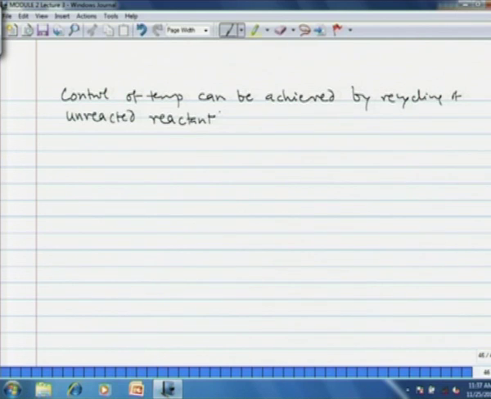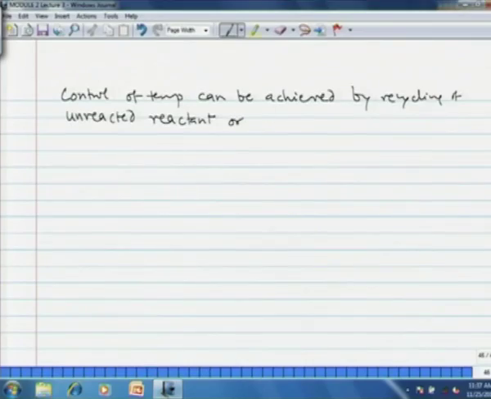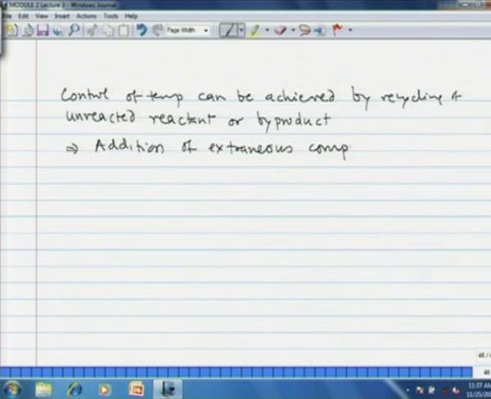It adds to the mass of the reactor and then tries to absorb the heat and control temperature. Or you can also recycle some of the byproducts if they are not going to trigger any side reaction, or you can also add an extraneous component, like some inert, like nitrogen or methane.